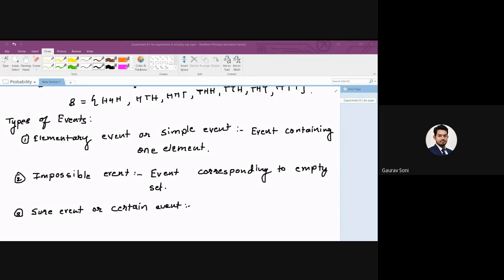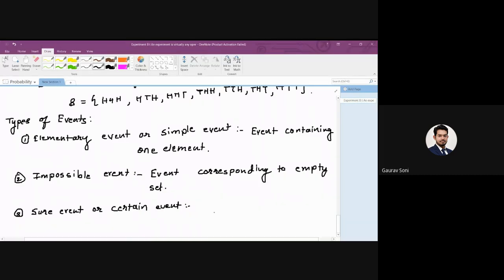Fine. So the answer is correct. Whenever you perform an experiment, the outcome will always be in the sample space.